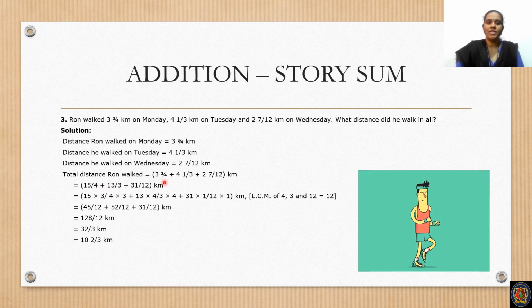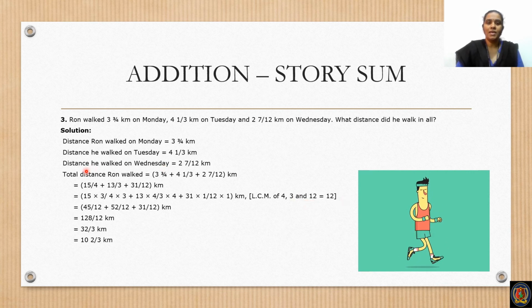For the sum of all these, we need to make the denominators same. Let us find the common denominator by finding the LCM. The LCM of 4, 3 and 12 is 12.